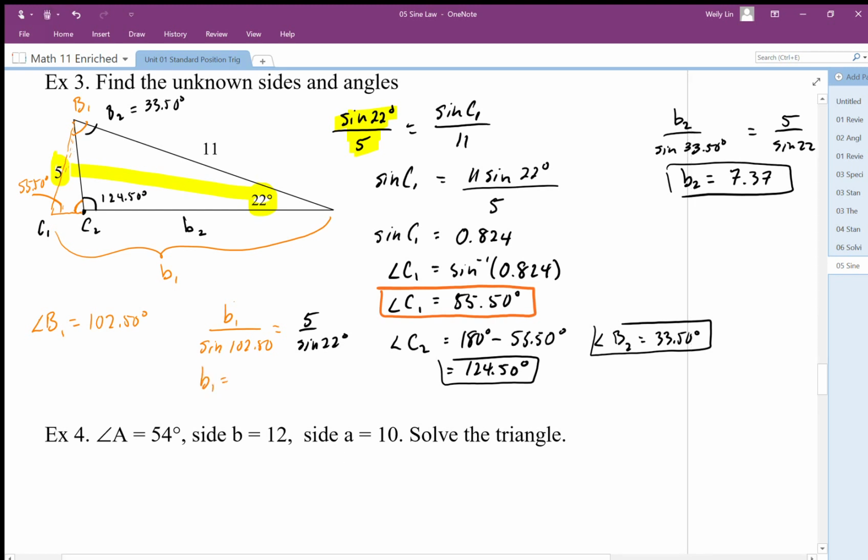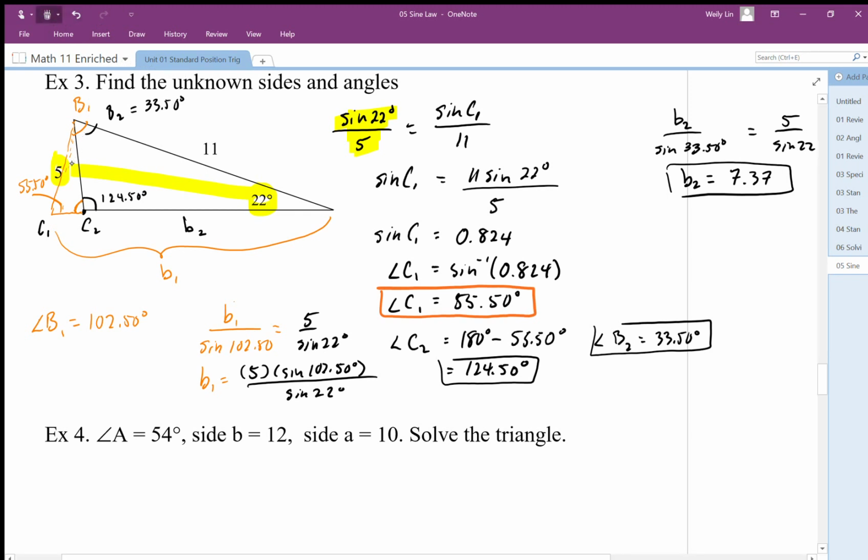So I end up with the length B1 equal to 5 times sine 102.50 degrees over sine of 22 degrees. Solving for B1, I get 5 times sine of 102.5 divided by sine of 22. Because we're doing a lot of decimals here, you're going to have slightly different answers depending on your rounding.